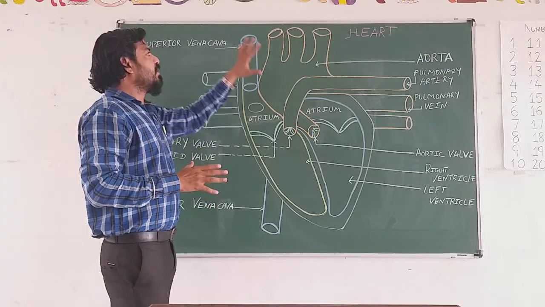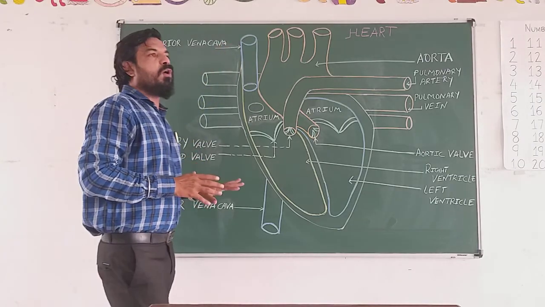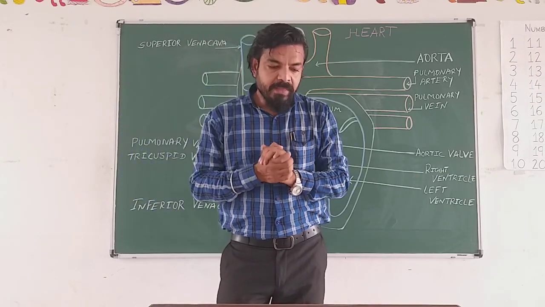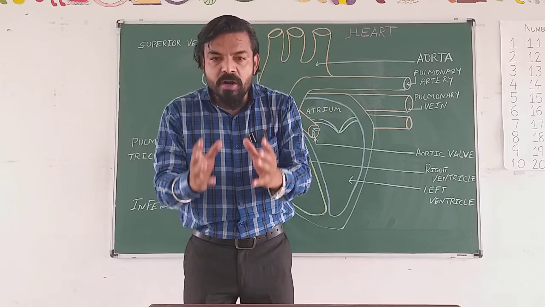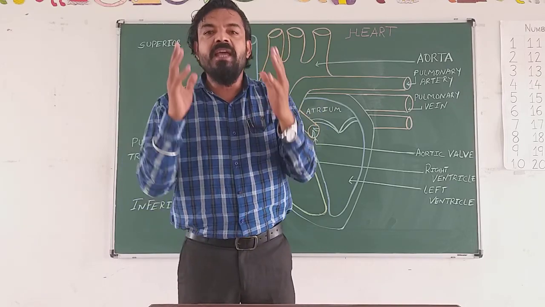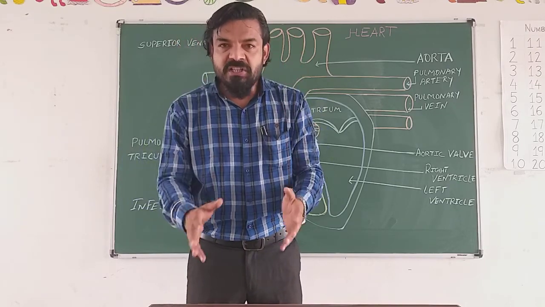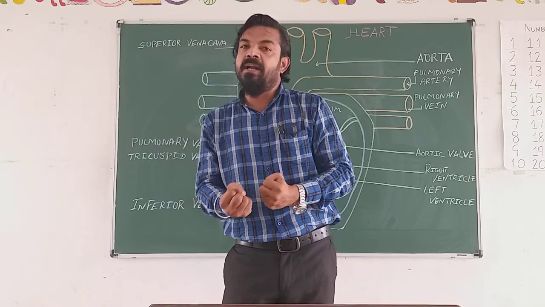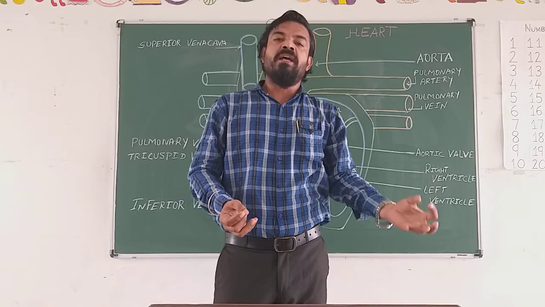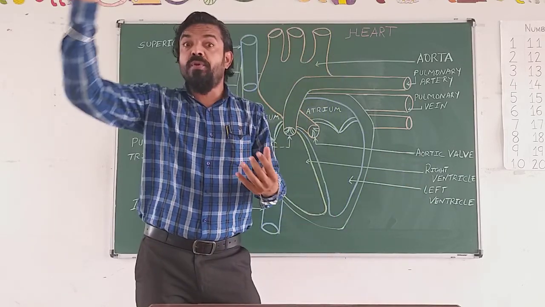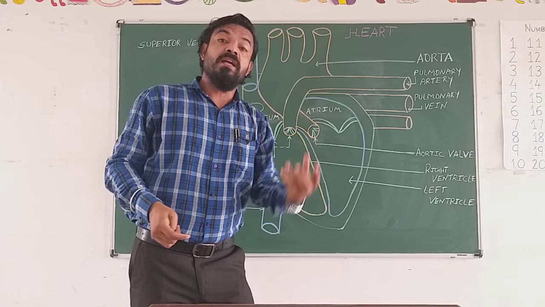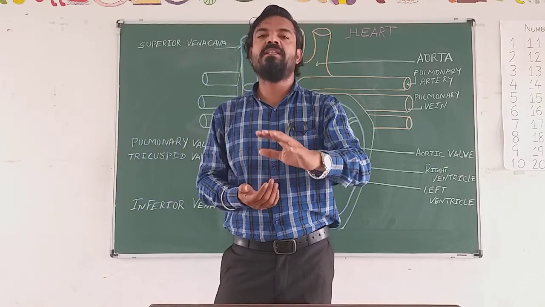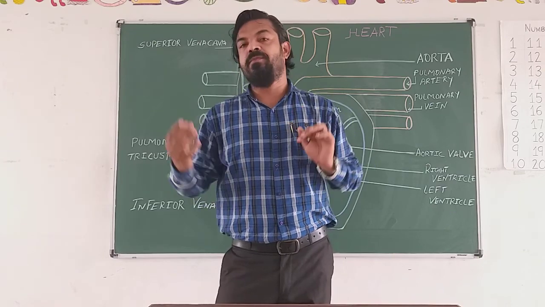So the vena cava is a vein that contains deoxygenated blood. That means the veins in your body have the role, the function, the duty, to collect the deoxygenated blood and transfer it, with the help of the superior vena cava, to the right side of the heart. So veins have the role to collect the deoxygenated blood.